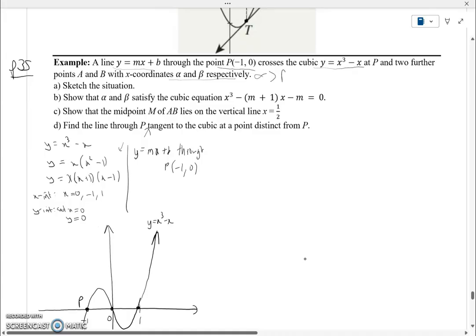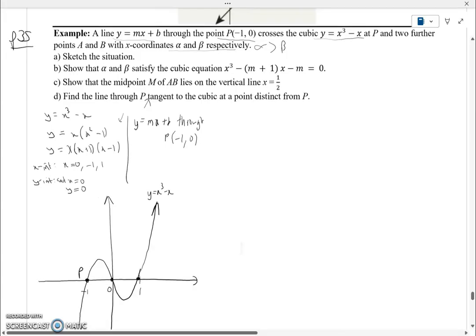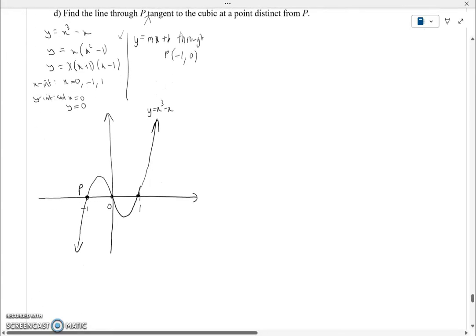Let's imagine the question said alpha is greater than beta. Now, convince yourself I have to be going through the point P, and I have to be a straight line, and I have to cross this cubic at two other points. So there's a lot of ways I could draw that line. I've got no idea about the gradient.